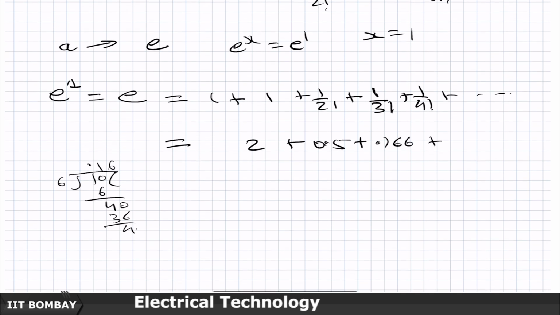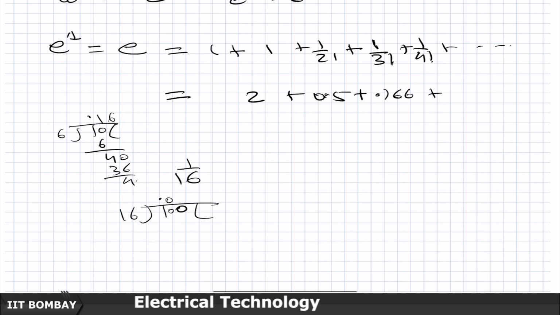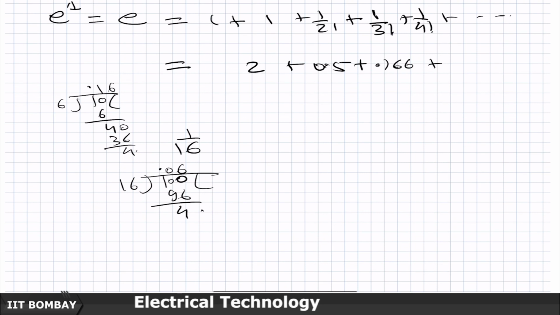Plus 1 by 4 factorial is going to be 1 by 24, and I am not going to calculate that fully, but let me just put this last term. So, you are going to divide it by 24, and so on.